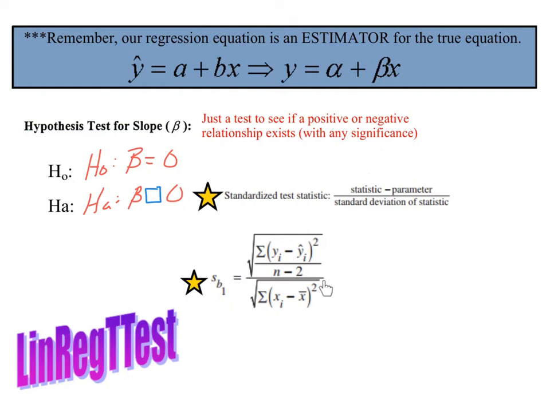It is really a manipulation of the correlation formula, and I will come back to how we're going to get this because we don't really ever calculate it by hand. But I just wanted to point out all of this is on your formula sheet, like so many other things, and it really is still doing the same type of work that you saw when you did the other hypothesis tests.